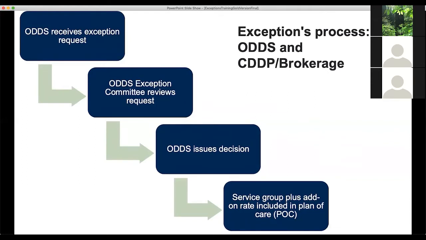But if we have a complete exception, then that exception goes to our exception committee. And the exception committee is going to review that request, again looking at the criteria we talked about earlier, which is what is the exception for, why is it needed, and are there any other resources, taking that information from the exception form and then issuing a decision. And then if that exception request is approved, that service group plus add-on is going to be put into the plan of care.